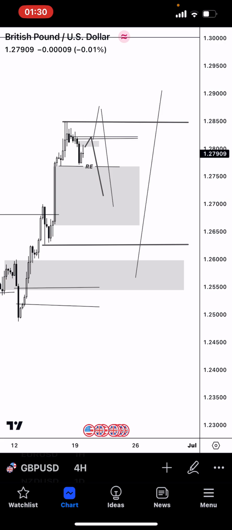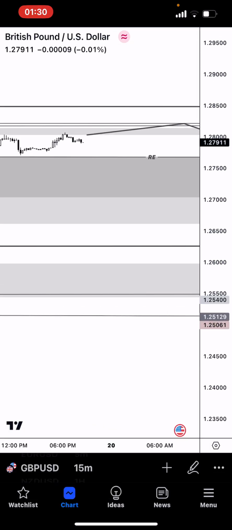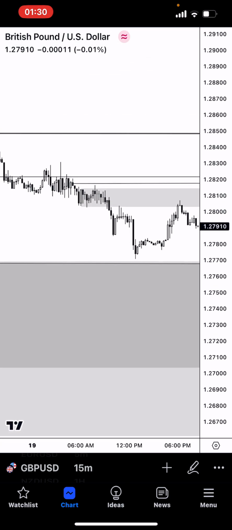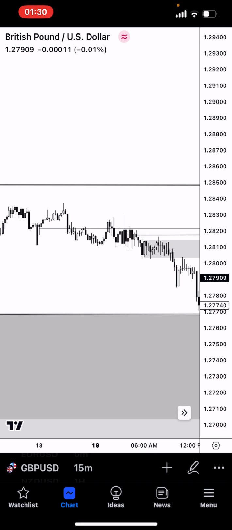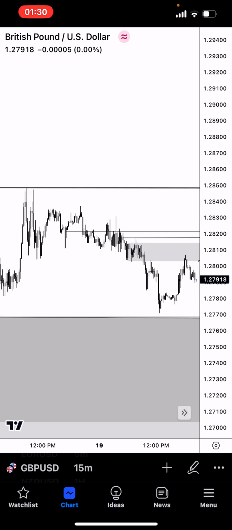So for now, even if you go to the 15-minute, you're not really going to find any areas of point of interest or PD arrays or anything. You will just find these candles that are looking very anemic. There's no energy in these candles. Therefore, they might actually be used as manipulation.